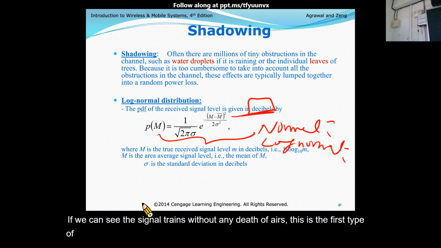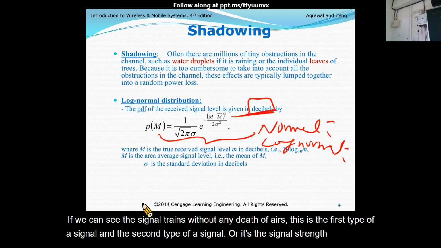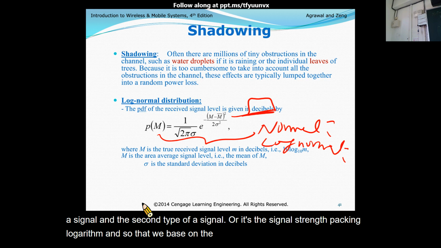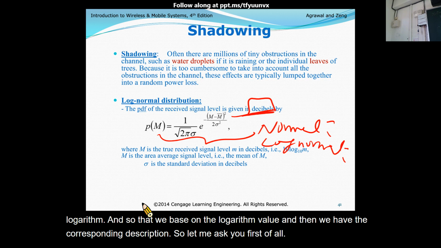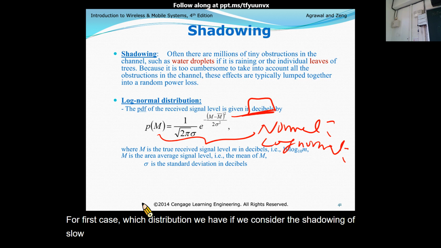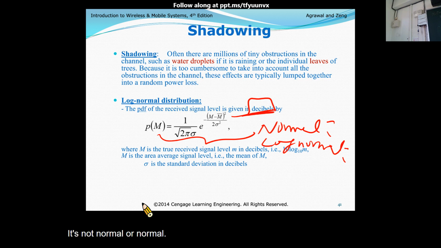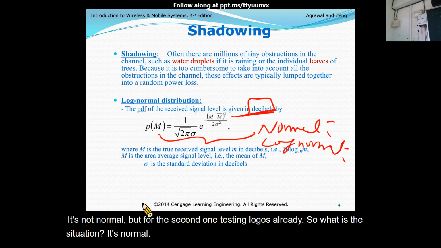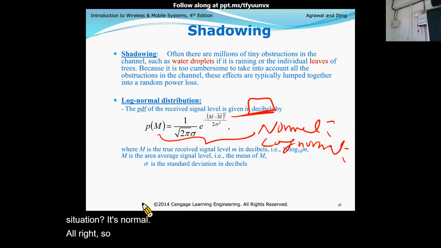The second type is the signal strength taking logarithm, and we pass on the logarithm value and then have the corresponding distribution. For the first case, considering shadowing or slow fading, which distribution do we have? It's log normal. But for the second one, taking logarithm already, what is the distribution? It's normal. This is the way to have the log normal distribution.